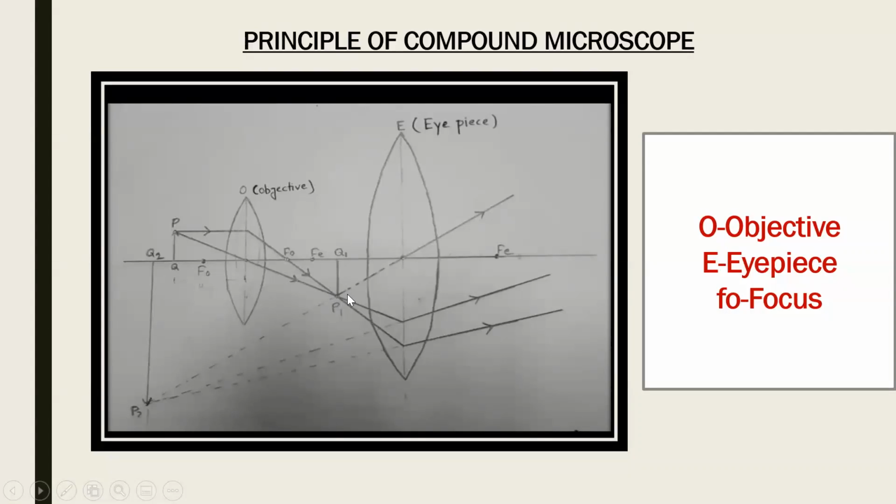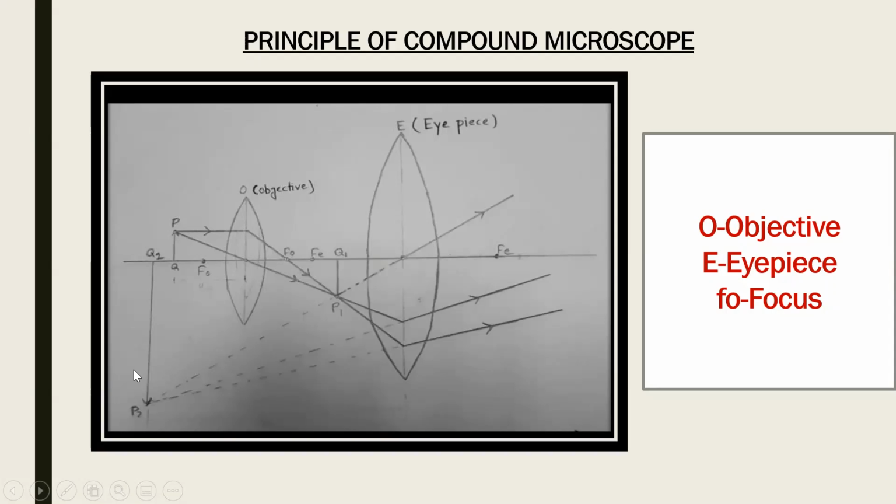Now taking P1Q1 as the object, the rays from P1Q1 are refracted through the eyepiece lens. Now we move the eyepiece in such a way that P1Q1 falls within the principal focus of the eyepiece lens. The image formed when the rays are refracted from P1Q1 is virtual.